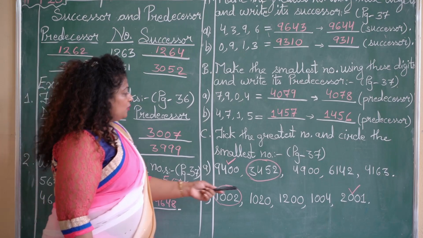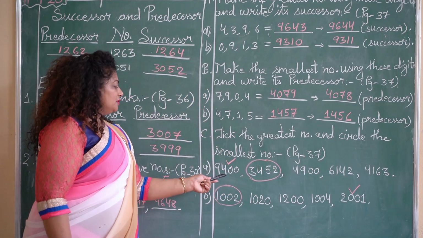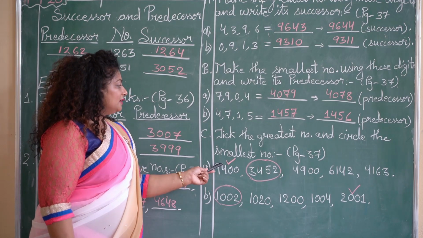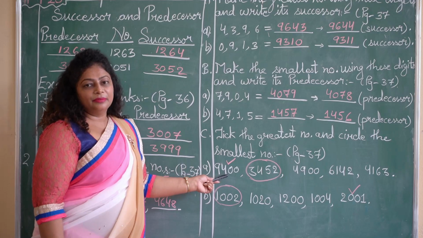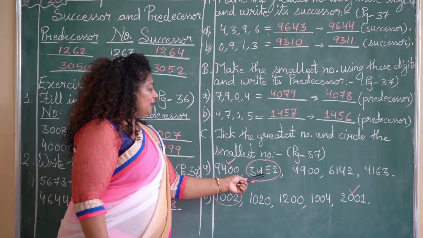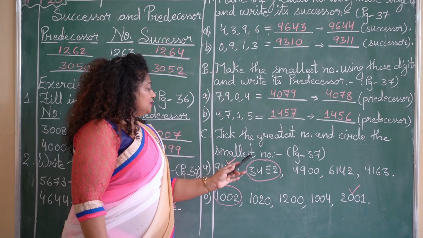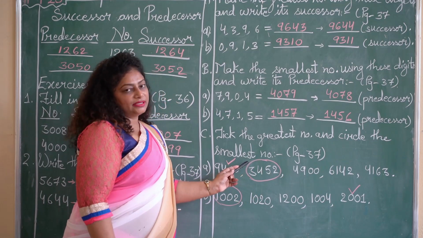We can see out of these 5 numbers, 9400 is the greatest number. So we have ticked this number because it is the greatest number. And then 3452 is the smallest number. So we have circled this smallest number.